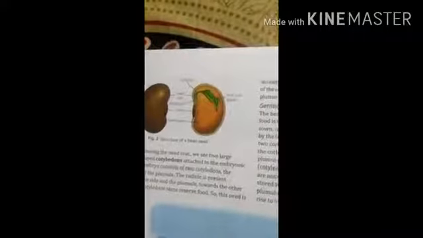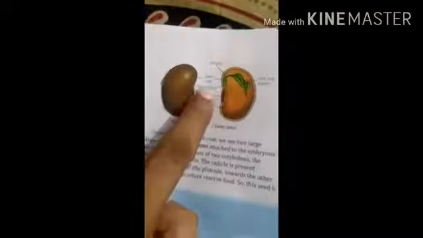Okay, so here is the structure of a bean seed: epicotyl, this is hypocotyl, seed coat, hilum, here endosperm, hilum. Then the first true leaves are there. This one, you see the epigeal germination here, where the seed coat remains inside the soil.